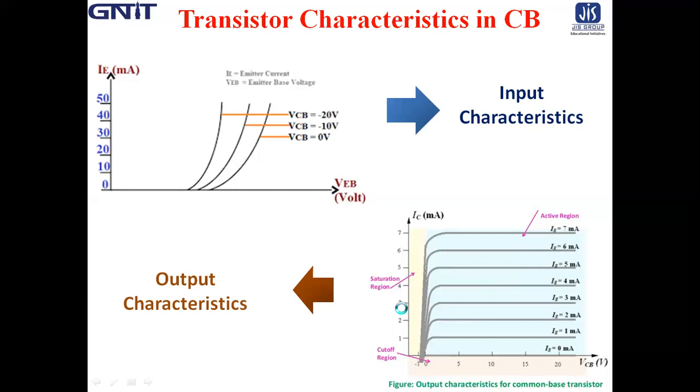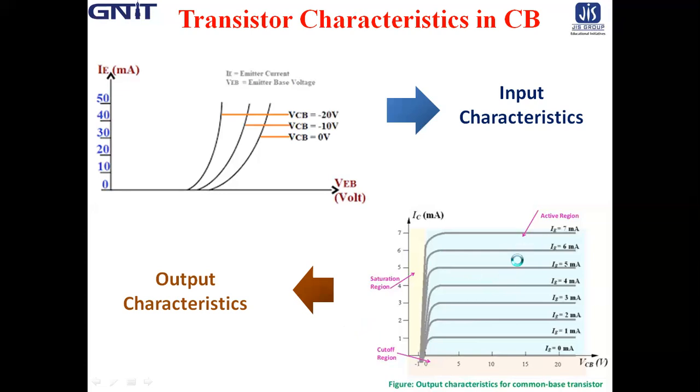A slight increase of VCB results in a large increase of IC in this region. The collector current increases exponentially as VCB increases from its negative value up to 0 volt.